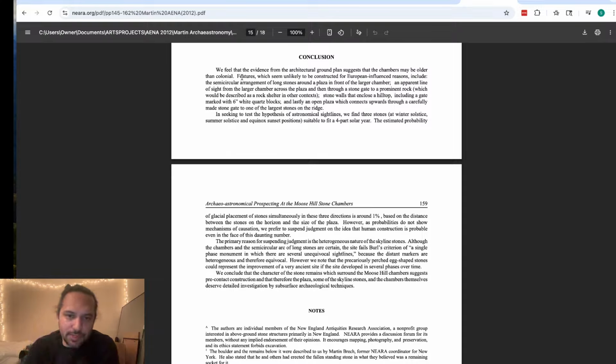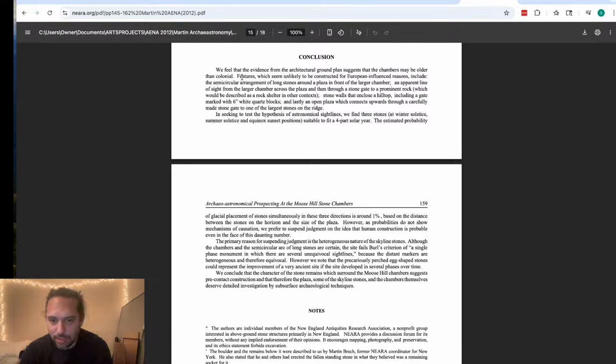In seeking to test the hypothesis of astronomical sightlines, we find 3 stones at winter solstice, summer solstice, and equinox sunset positions, suitable to fit a 4-part solar year. The estimated probability of glacial placement of stones simultaneously in these 3 directions is around 1%, based on the distance between the stones on the horizon and the size of the plaza.